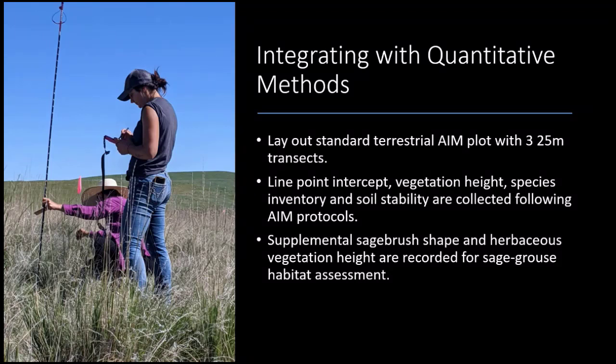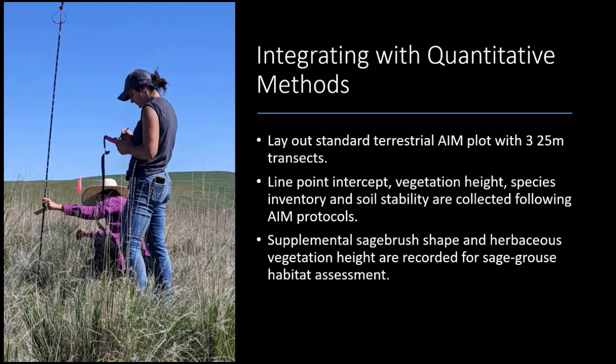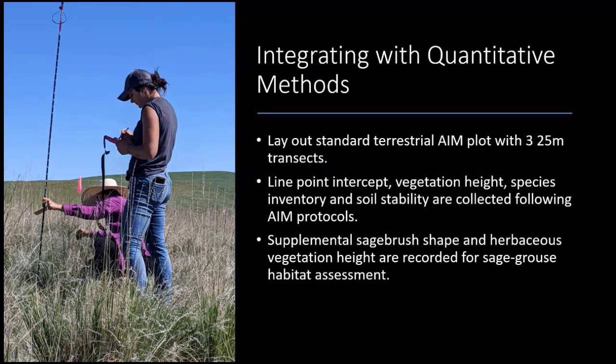Supplemental methods that they're conducting are recording sagebrush shape for sage-grouse, and also recording a second herbaceous vegetation height for sage-grouse, since part of the indicators that are looked at for site scale habitat include heights for grasses and forbs.